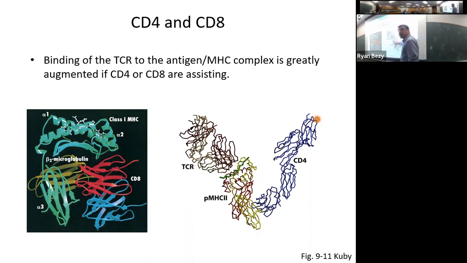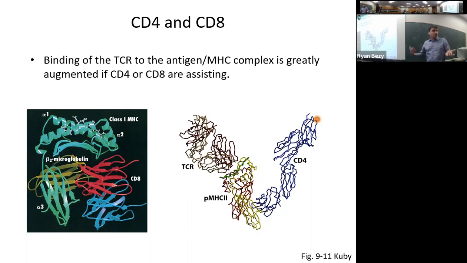It's binding onto that combination right there. But the CD4 co-receptor comes in and often binds onto this part of MHC class 2 as well. And that helps with the recognition and the proper binding signals. Okay, so the binding of the T cell receptor is greatly enhanced and augmented, helped along by either CD4 or CD8 binding as well. Questions about that?